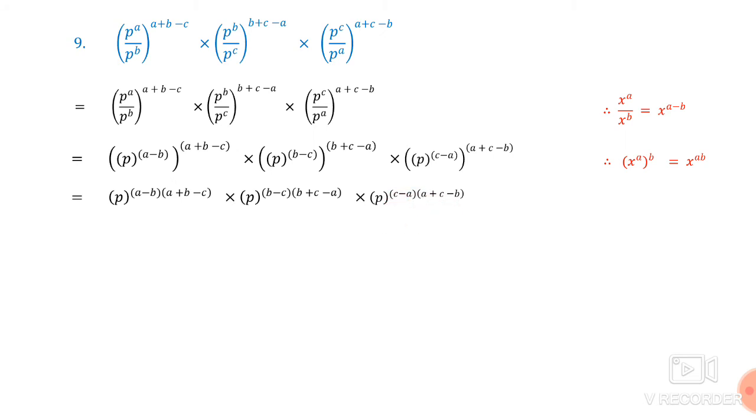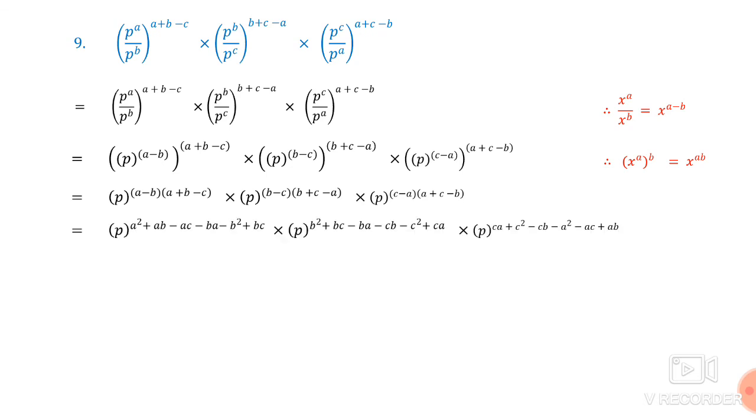Here you can see that we cannot apply that formula, so we will multiply these brackets. To multiply these two brackets, we will take this a first and multiply the second bracket with it, and then take the second term of the first bracket and multiply the second bracket with it. Same happens with these two brackets and with these two brackets.